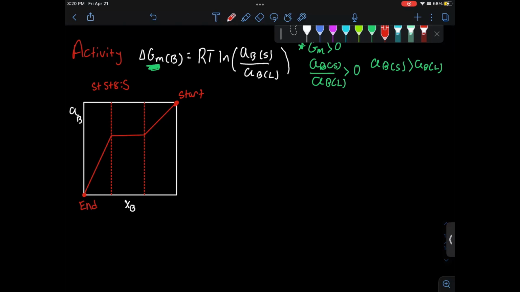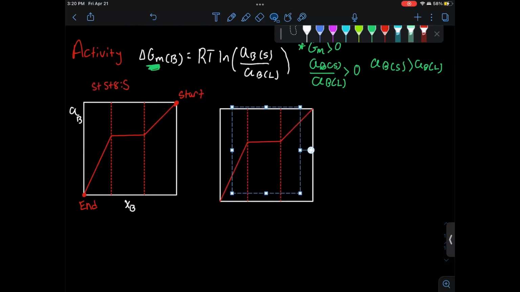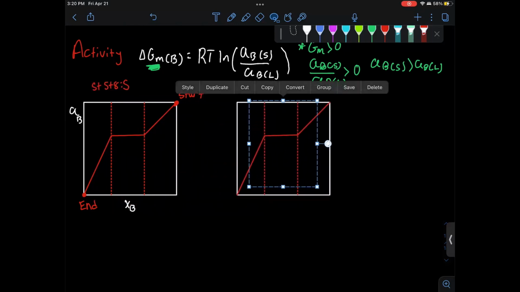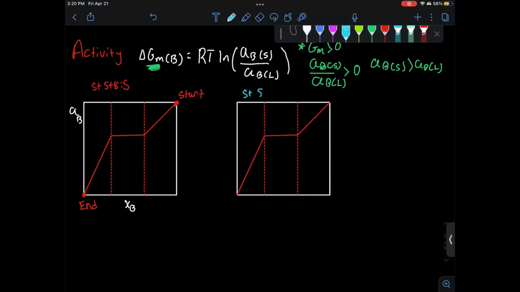Now let's do the same thing if we were to have our standard state be liquid. So we know that if our standard state is liquid, we're going to start all the way down here now.